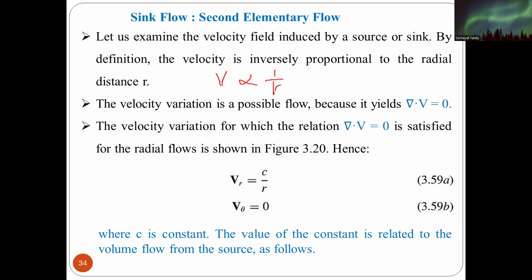This velocity variation is possible for a flow because it yields a divergence of velocity equal to 0, and the velocity variation for which the divergence is 0 satisfies the radial flow. So V r is equal to C over r, where C is some constant, and V theta is equal to 0. The tangential velocity is 0.